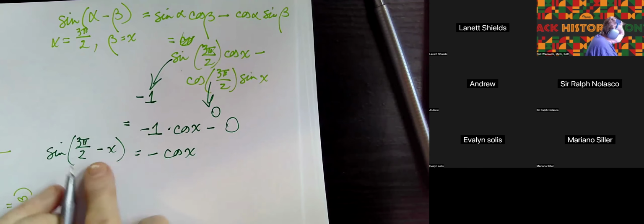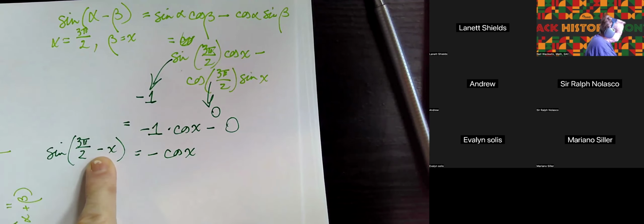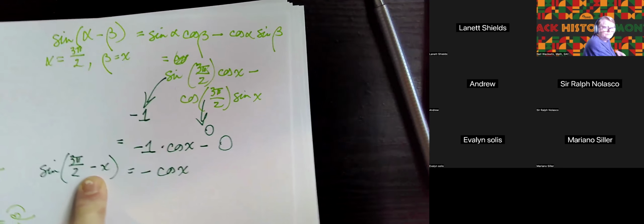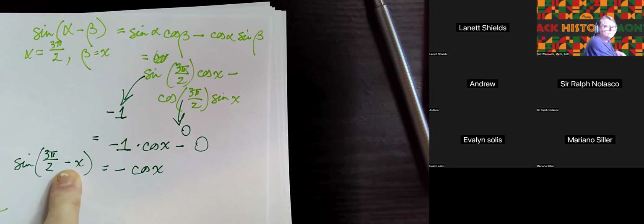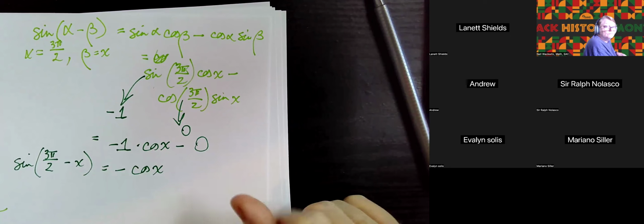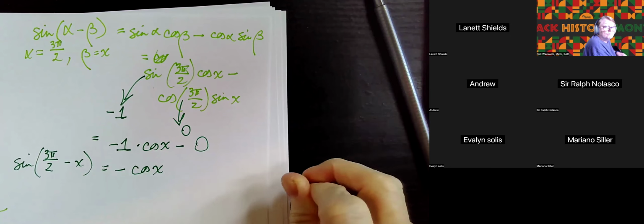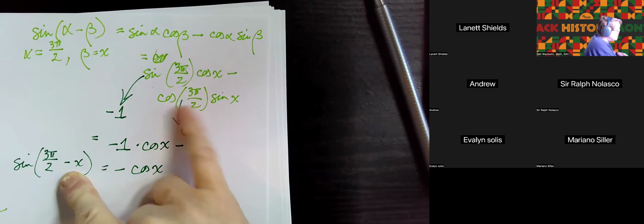Where did this negative in the middle show up in the formula? Like in between the cosine, sine, and stuff like that. Good. And what did we notice about the second term?